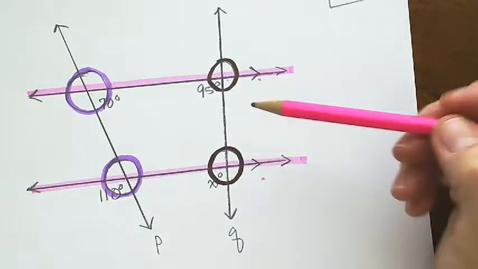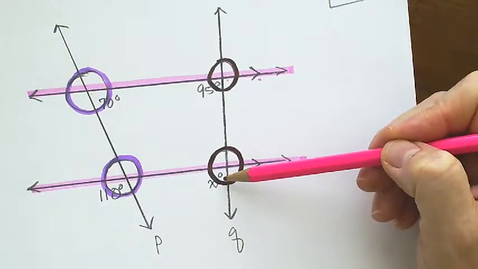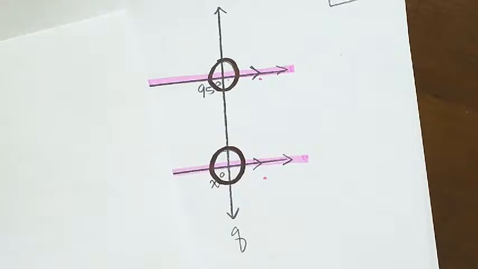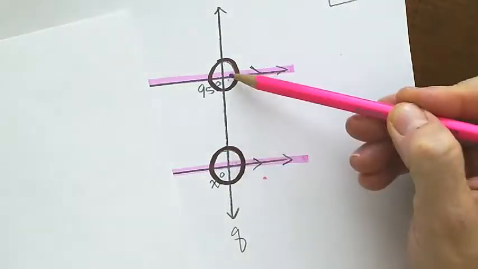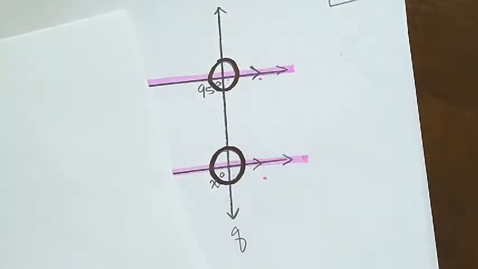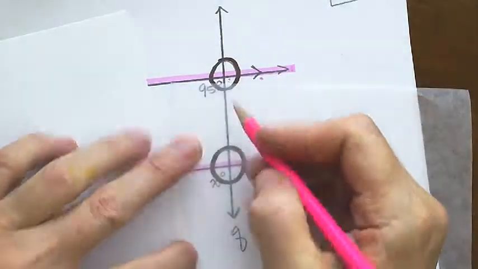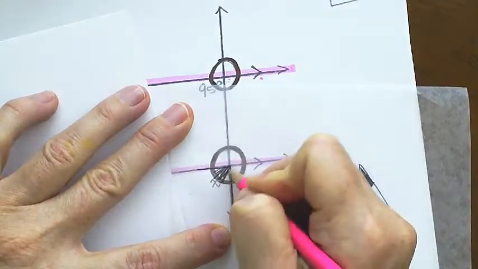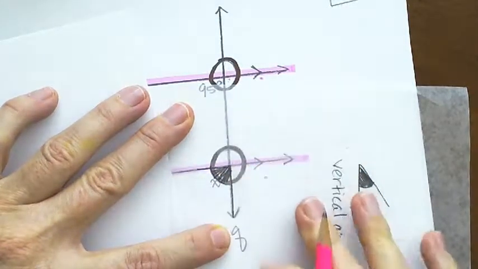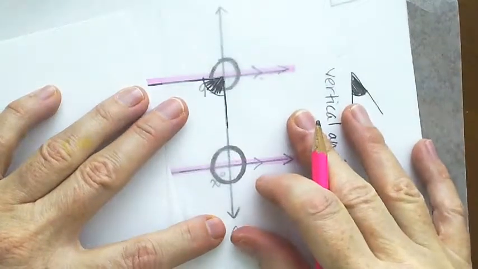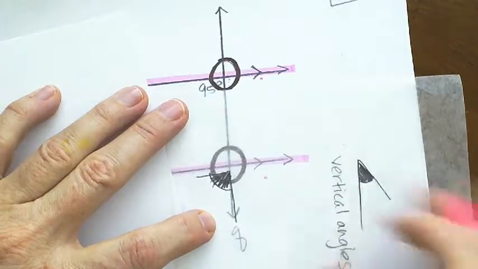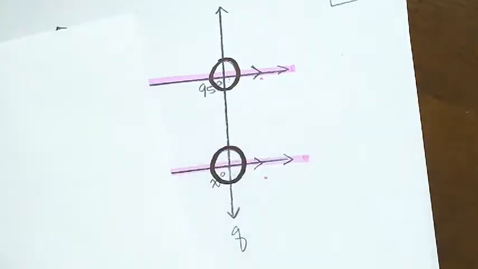So once you do that, you're going to see you could even cover up this side of the picture. These sets of angles are going to match. And if you did the tracing paper, okay, this angle here, x, let's shade it in. If I slide it up, it's right on top of 95. So that means that x must be 95.